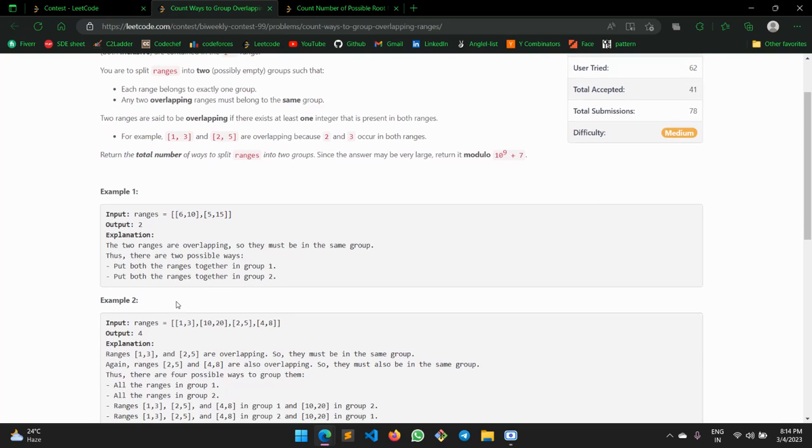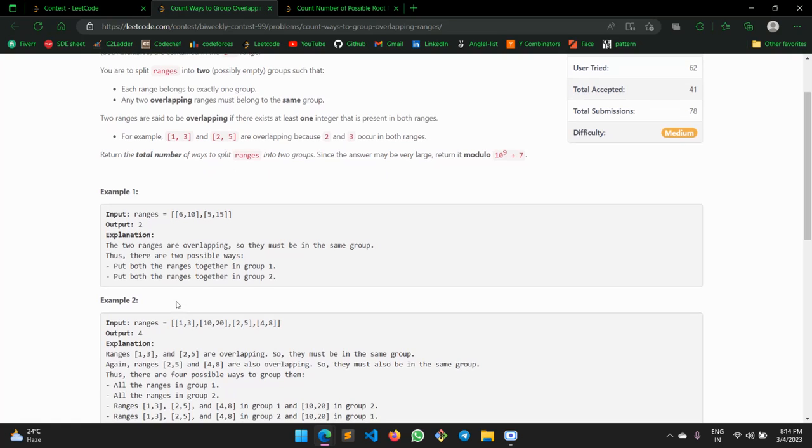Okay, that makes sense. 1, 3, 2, 5, 4, 8, and then 10, 20. Think about that. So basically, they are all actually overlapping, except the last one.